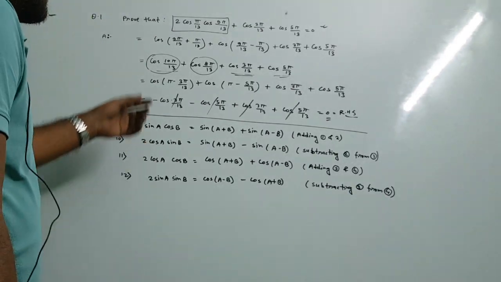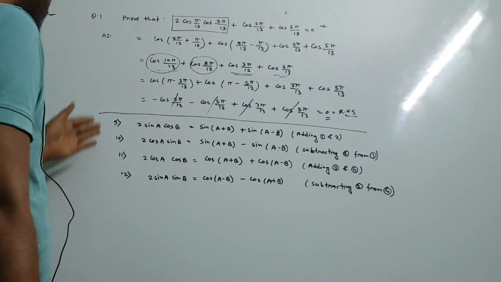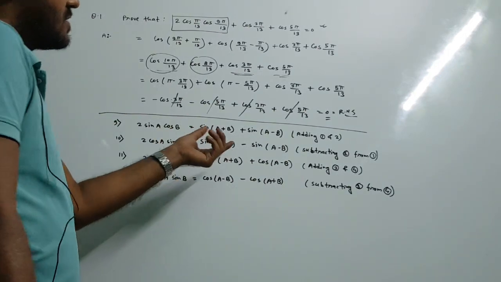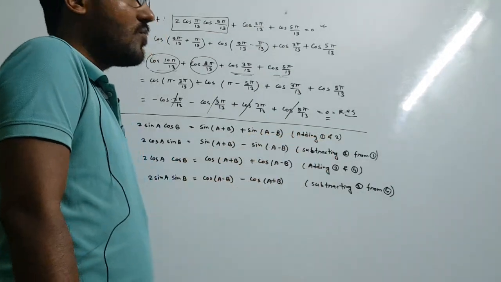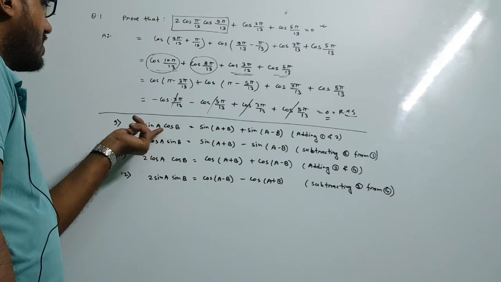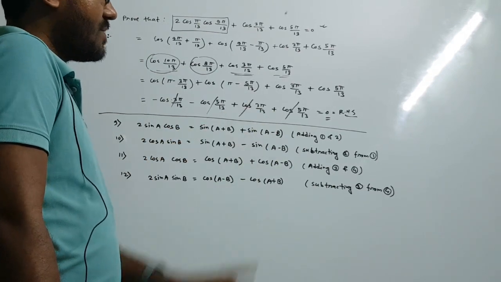See, the formula we have used in this, 2 cos a cos b, I forgot to write down in the previous slide. So if you see the previous slide, the number 1 and number 2 formulas, if you add number 1 and number 2, you will get 2 sin a cos b as sin of a plus b plus sin of a minus b.